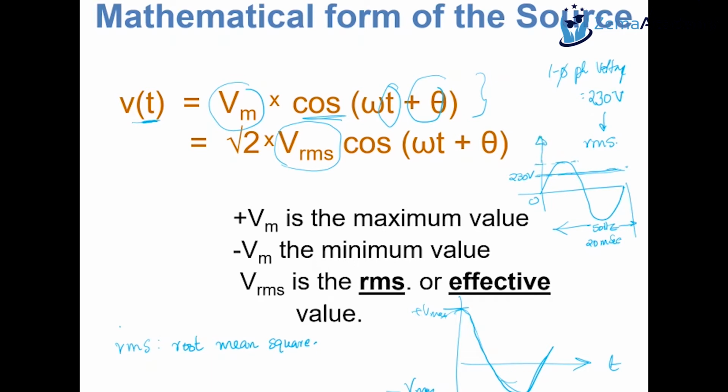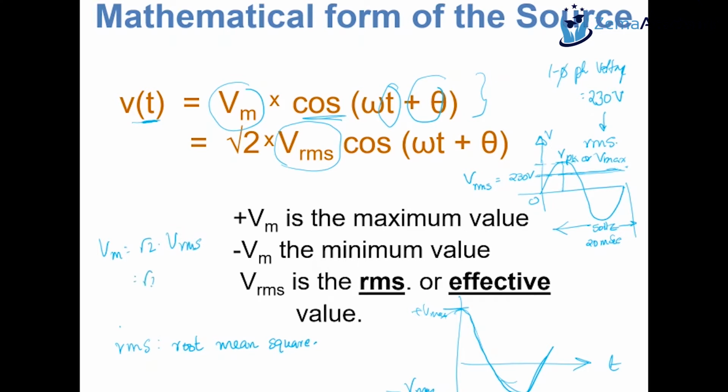Let's say if this is voltage, and I call this V peak or V max, and this is V RMS. So use the same formula. Vm equals root 2 times V RMS.